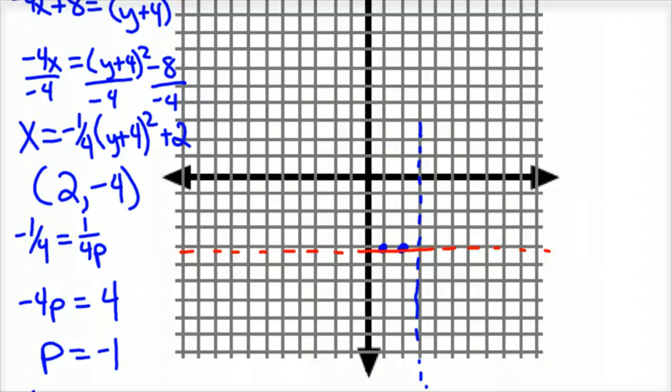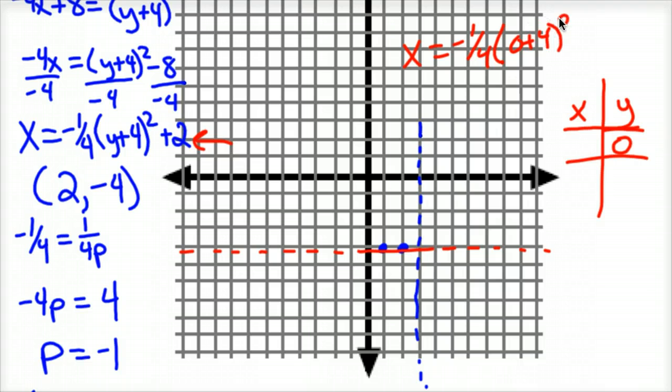And so what I would do now that I have this is with this equation, plug in values for y, but still keep x, y in that direction. So I'm going to put in 0. I always like that one. So if you put in 0, you would have x equals negative 1/4 times 0 plus 4 squared plus 2. So figure that out.